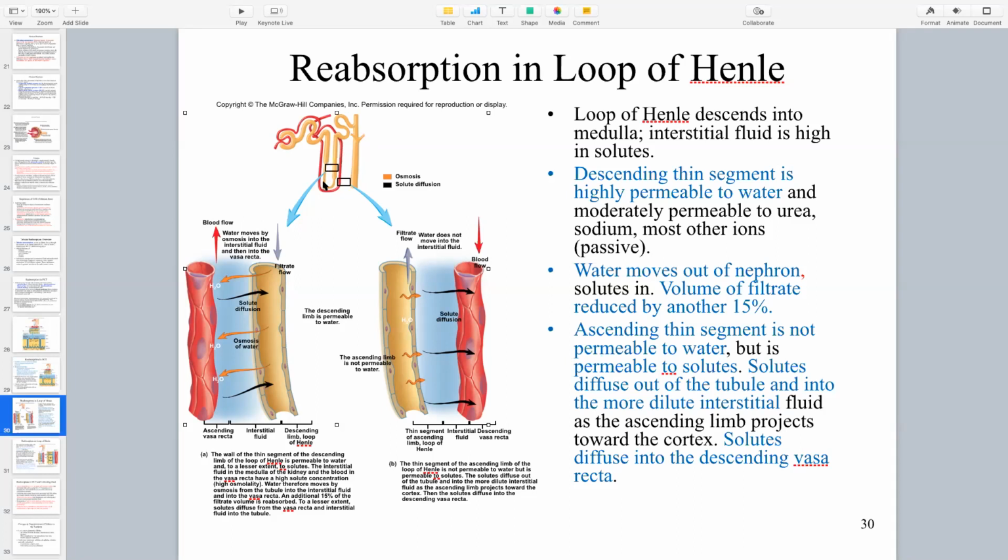Now what else happens? As that filtrate moves downwards, it keeps losing water. As it keeps losing water, the filtrate inside becomes more and more concentrated, meaning that the longer this loop, here there's a pretty short loop, right? But the longer the loop, the more water can exit out and get reabsorbed.